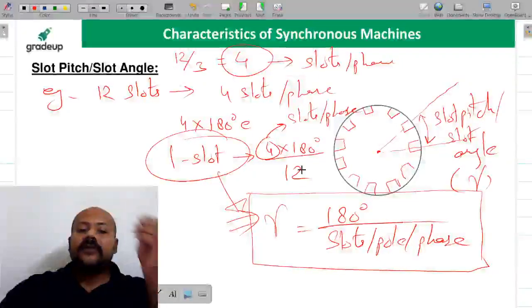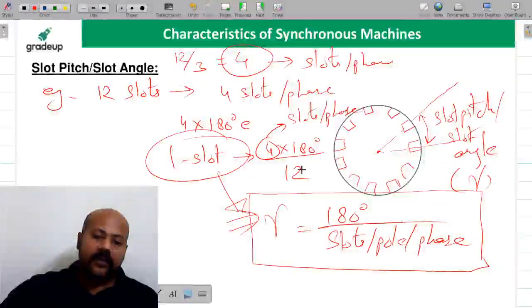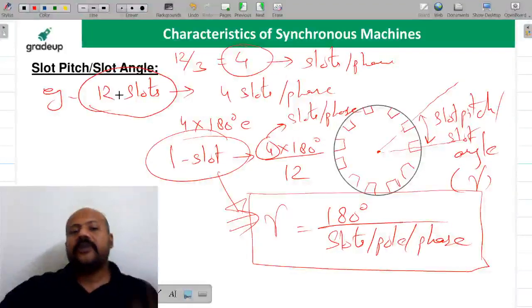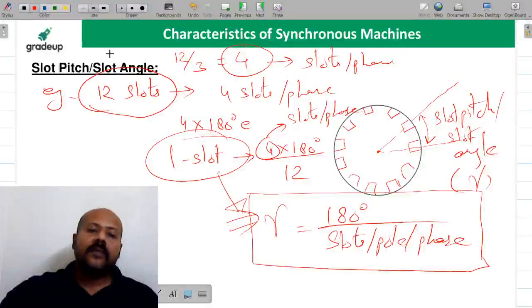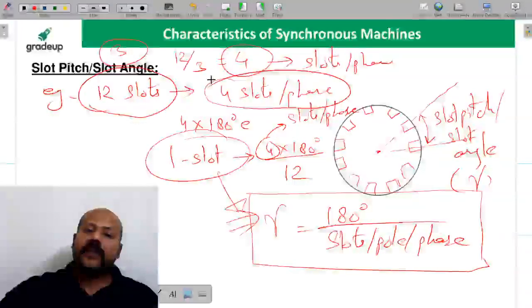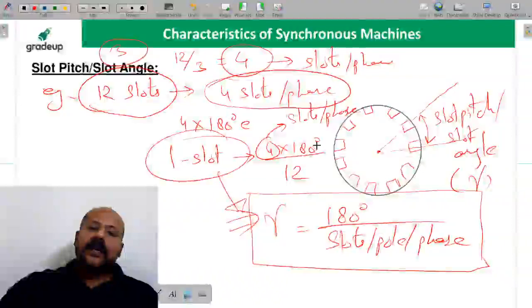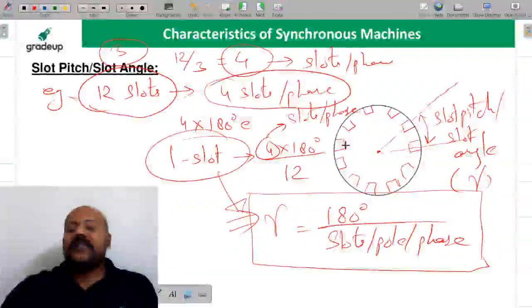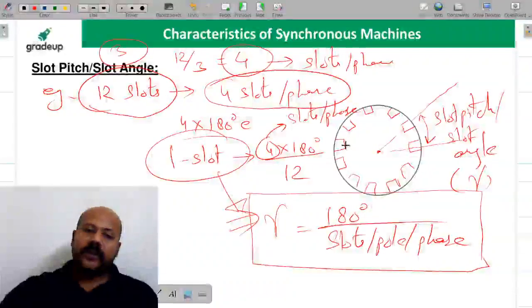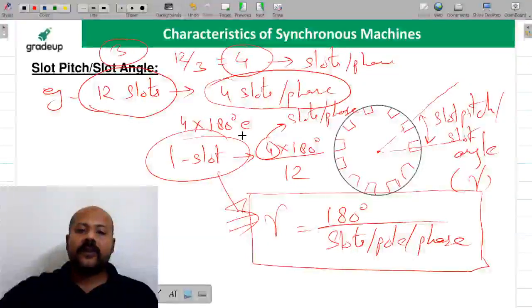I am not asking you to solve it, beta. You just tell me, if you have 12 slots in total and the number of phases is 3, there are going to be 4 slots per phase. If I ask for the phase spread, it is going to be 4 slots per phase.